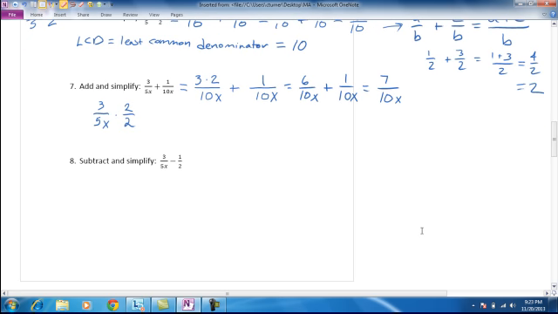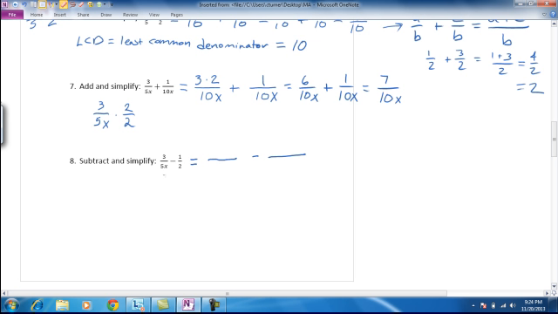Well, finally here on number 8, just to give you a little bit of variety, we have subtraction this time. And I'm just trying to use some commonality here, but your denominator doesn't always have to be 10x. That's just the case on this sheet. To arrive at that 10x being the common denominator for this one as well, that's happening because 5 and 2 don't have any common factors, and x doesn't have a common factor with 5 or 2 either.